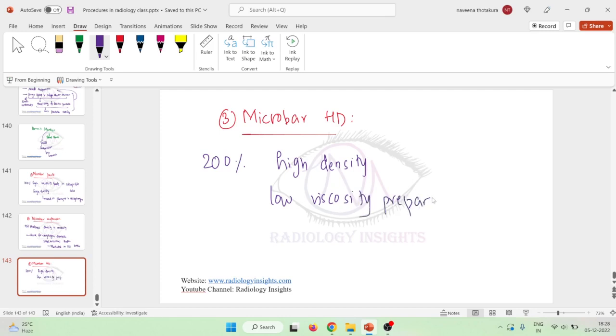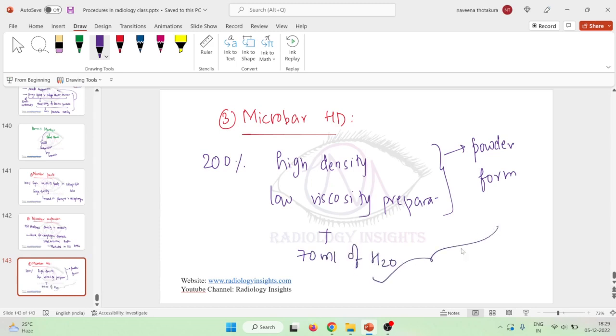It is available in powder form. To this powder, you add 70 ml of water, and then you shake the tumbler.